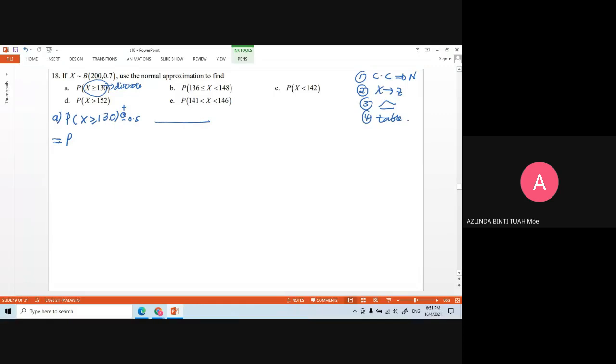Nombor tu akan tambah 0.5 atau tolak 0.5? Tambah. Okay, ni urutan nombor 129, 130, 131 dia punya integer dalam binomial. Okay, ini number line untuk binomial. Sekarang saya nak convert number line ni pergi ke normal dengan cara setiap nombor integer perlu ditambah dan tolak 0.5.